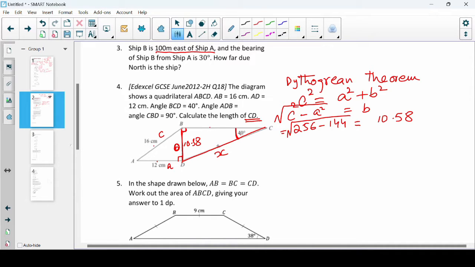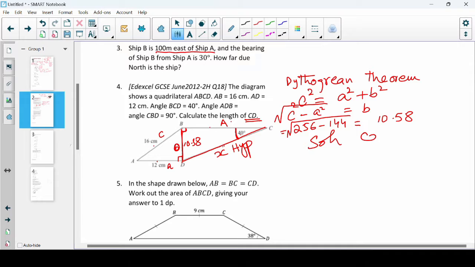This x is the longer side, and the longer side is always the hypotenuse, and with the angle, this side is adjacent. So we have to now apply opposite and hypotenuse, since the side x we have to find is the hypotenuse.